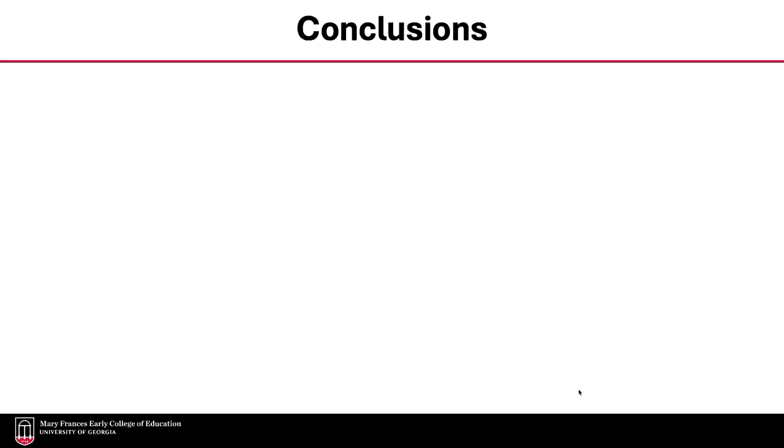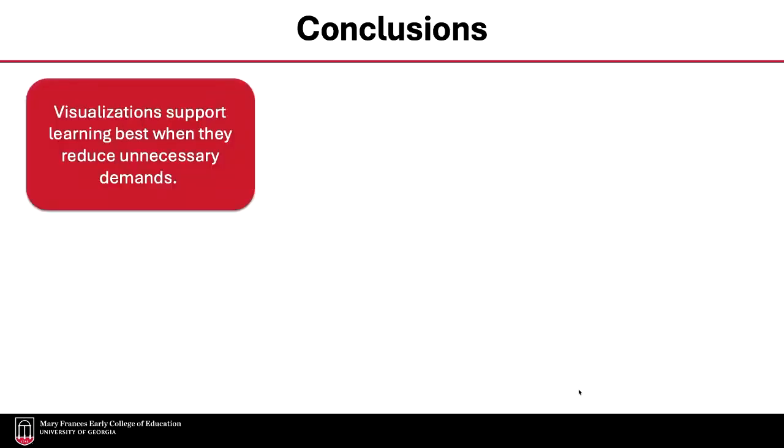So to conclude, we'd just like to give a few key takeaways and offer some small suggestions for how we might think about designing illustrations to support student learning. So first, we can think about visualizations supporting learning most when they reduce unnecessary demands and reduce our cognitive load, right?